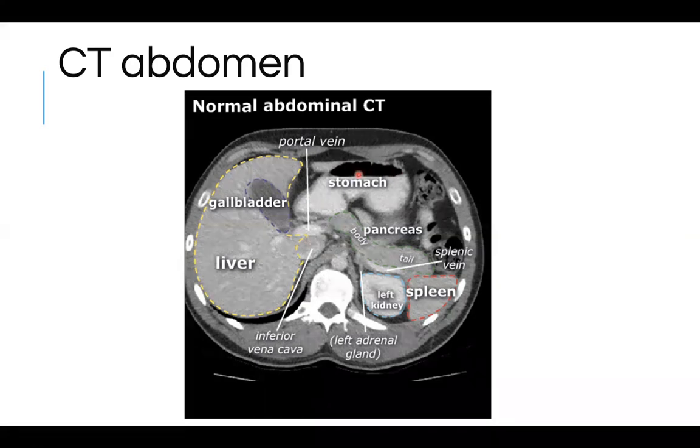Normally there'd also just be an air fluid level because of just the hydrochloric acid and stomach contents. The gallbladder, the liver, left kidney, the right kidney is not in view in this cross section. Pancreas, so the body and the tail, spleen, and then the IVC.